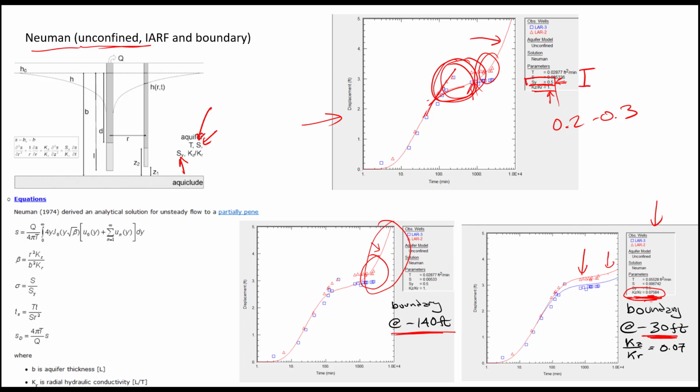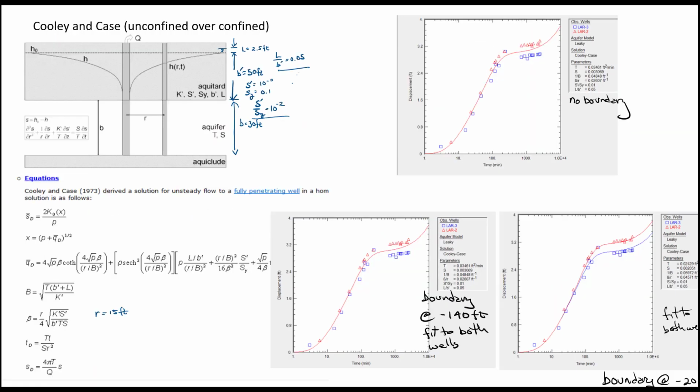But I should also point out that the effect of this anisotropy is a fairly small effect. So it helps fit the data a bit better, but this is not really a number that's determined with a lot of confidence. There's a good bit of uncertainty there.